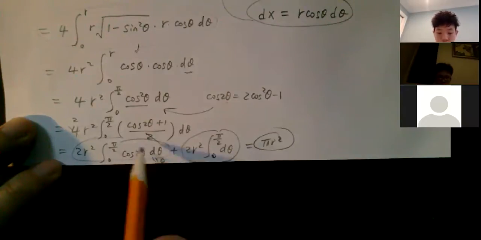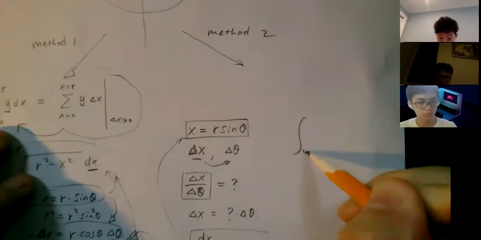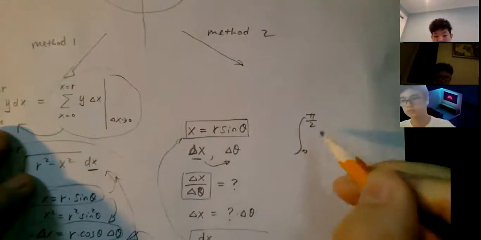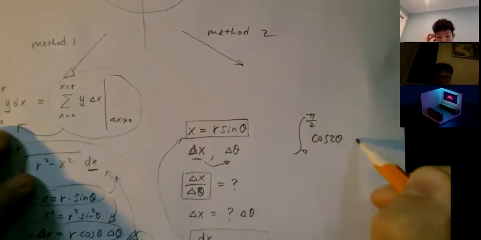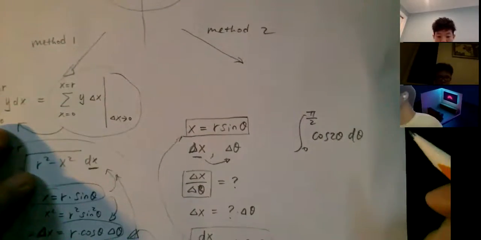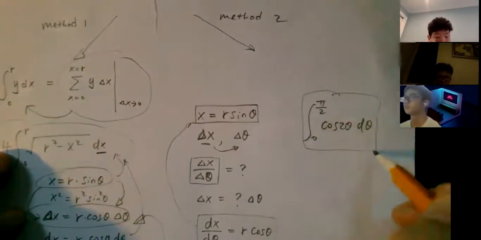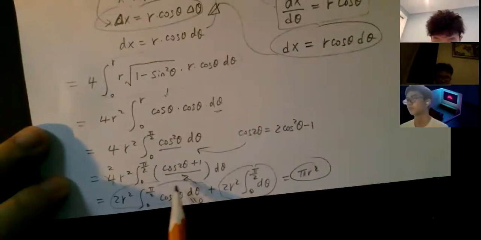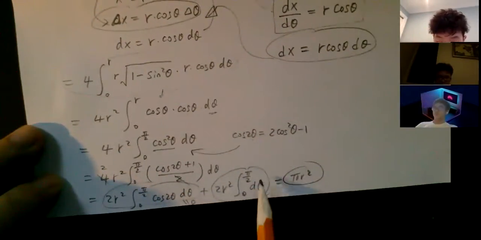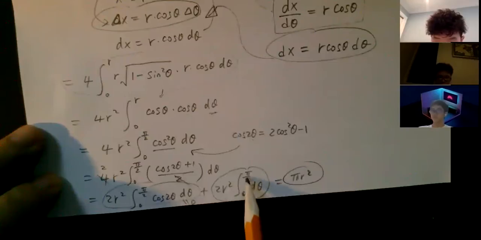So the integral from 0 to pi over 2 of cosine 2 theta d theta equals 0. Why does this part equal 0? Because if this equals 0, this piece is gone, and we only have this piece left. This piece is really the integral of 1.